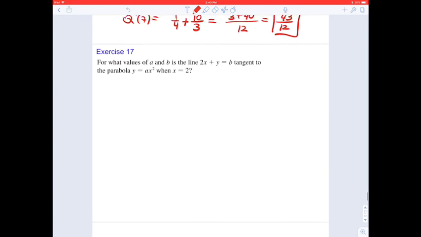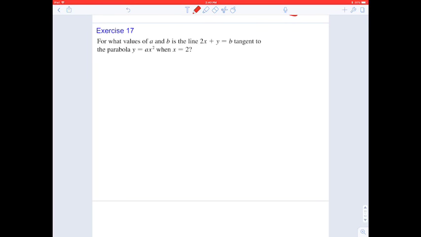Exercise 17. For what values of a and b is the line 2x plus y equals b tangent to the parabola y equals ax squared when x is 2? Okay, that's what we have. We do have a line 2x plus y equals b, and this must be a tangent.